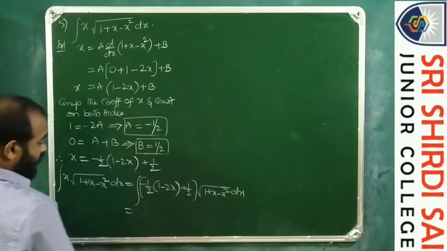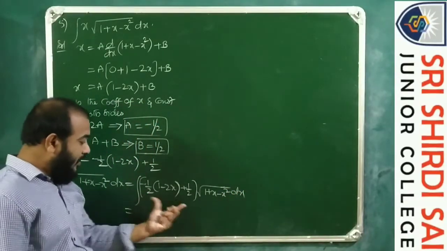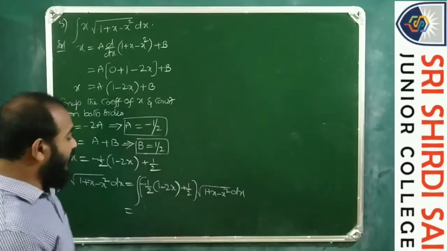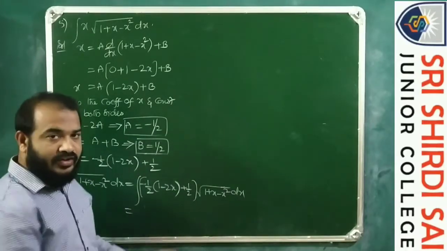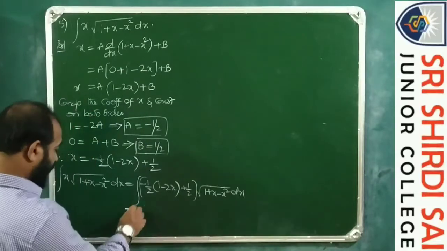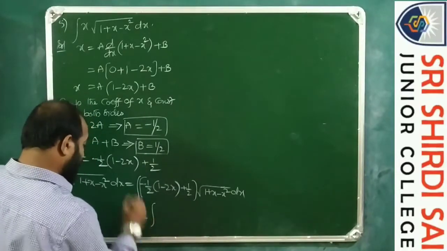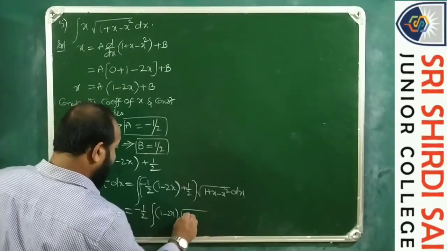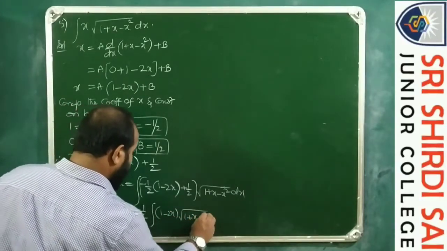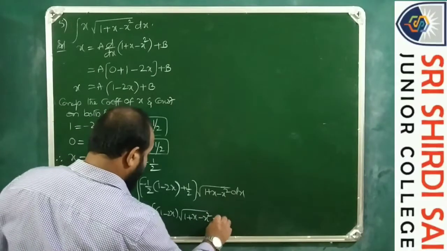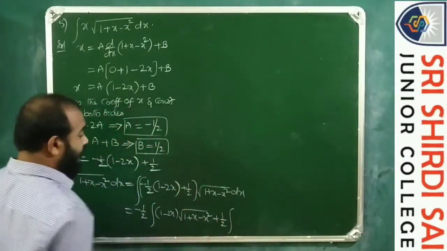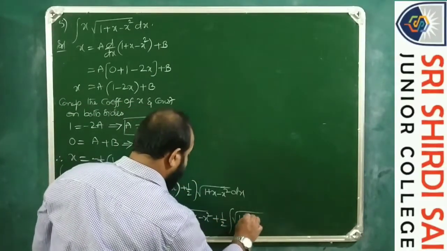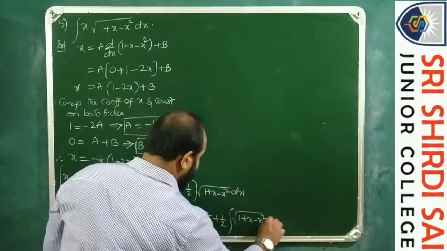So this is a plus b into c, which is AC plus BC; the integral is to be distributed for both of them. So minus 1 by 2 integral 1 minus 2x into square root of 1 plus x minus x square, plus 1 by 2 integral square root of 1 plus x minus x square dx.